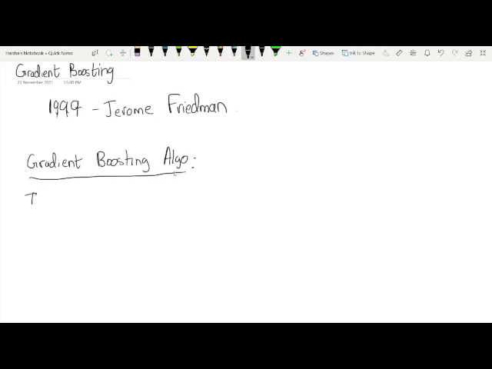So we'll input a dataset D. You can assume this is a regression dataset. It really doesn't make much of a difference, but a regression dataset is easier to think about. This L will be a loss function, and you'll see how we smoothly integrate this L into the boosting algorithm.